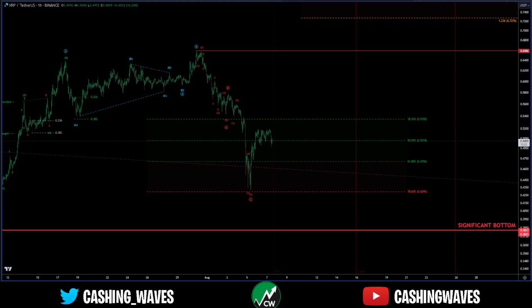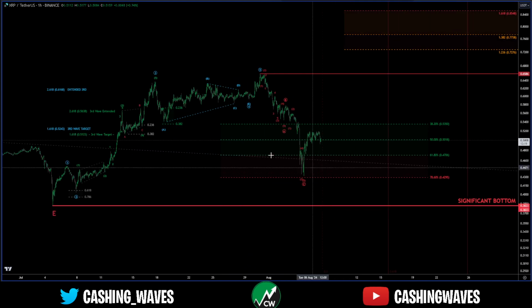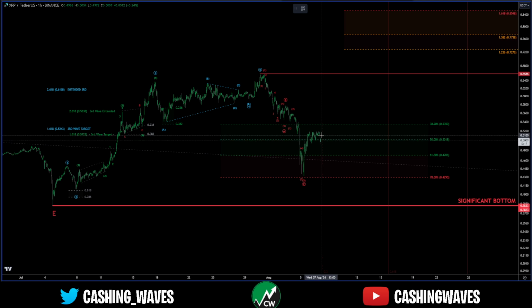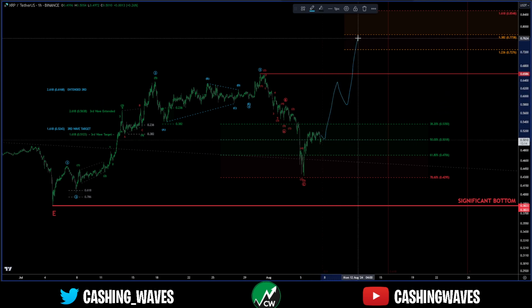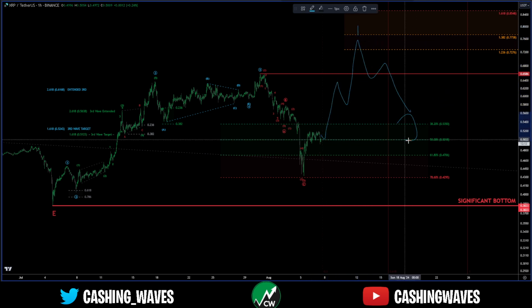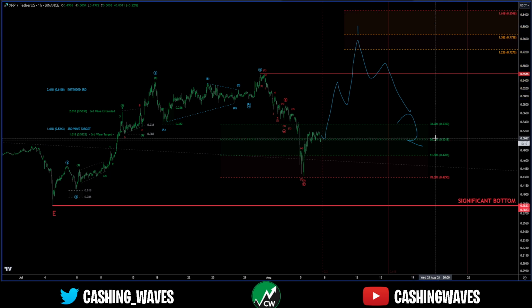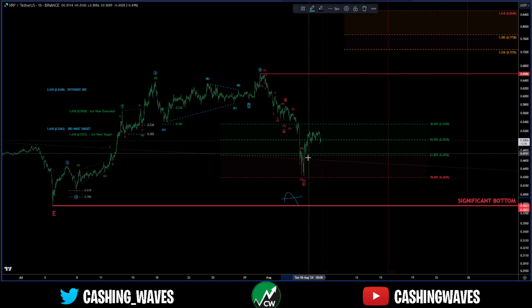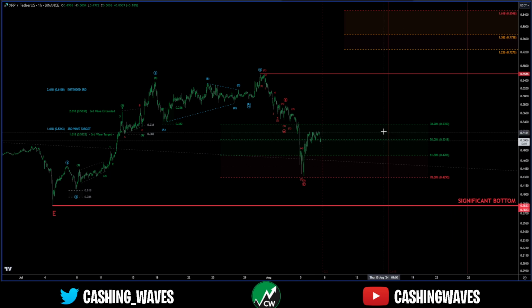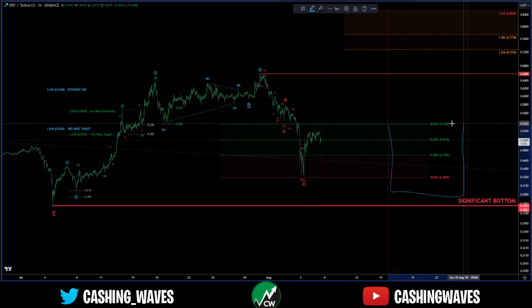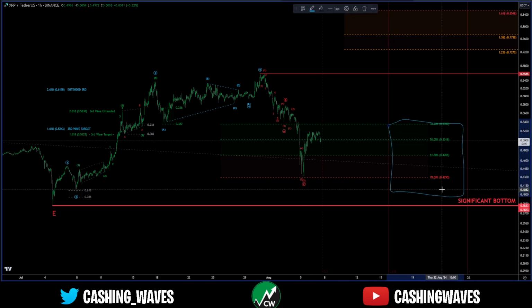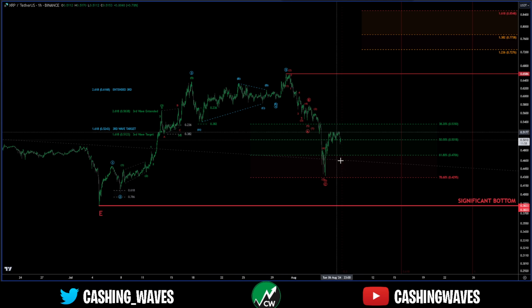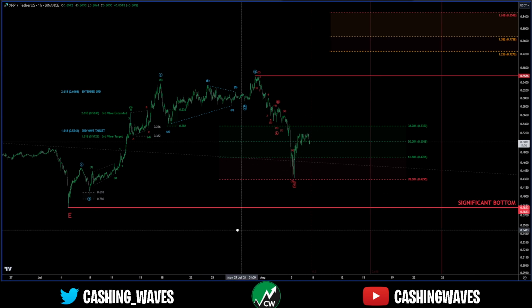Sorry, I'm going to have to redraw this real quick. So either our correction is complete and we're looking for a 3, 4, 5 for our next 1, 2, and we really start going here, or this is an A wave in a flat, because as you remember, I like to look between the 618 and the 100% to complete our correction. Doesn't mean this can't be complete. It just means it's low probability.